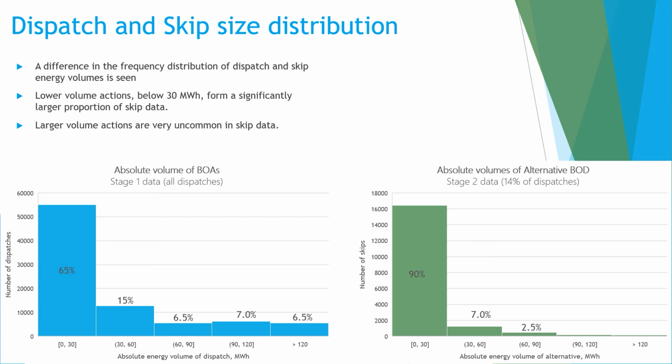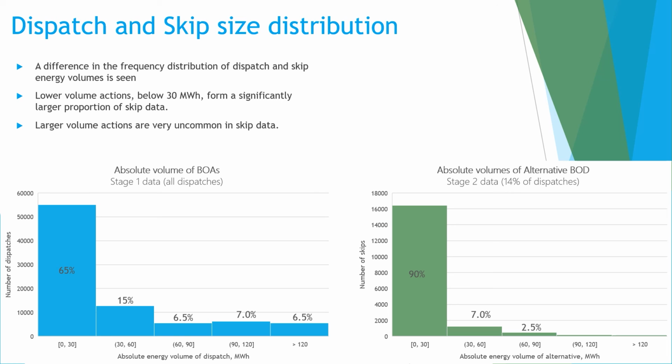And so the final piece of analysis I did was a look into the frequency distribution of the skip data and the dispatch data. So on the right you have the stage 2 skip data, and on the left you have the stage 1 all dispatch data.